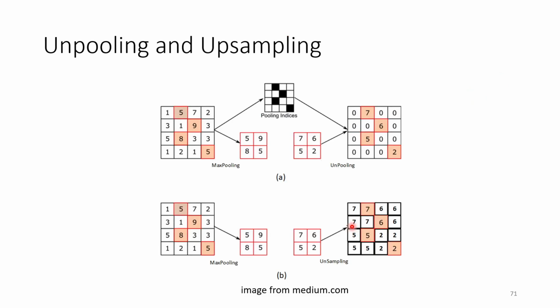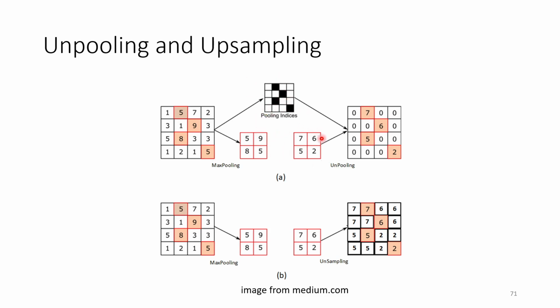Then let's see what is unpooling. Pooling means, given for example this patch, the 9, 6, 8, and 5 will be preserved, and all other values will be ignored. Unpooling means you remember the location of the source of those pixels, so this is the black regions in this figure.